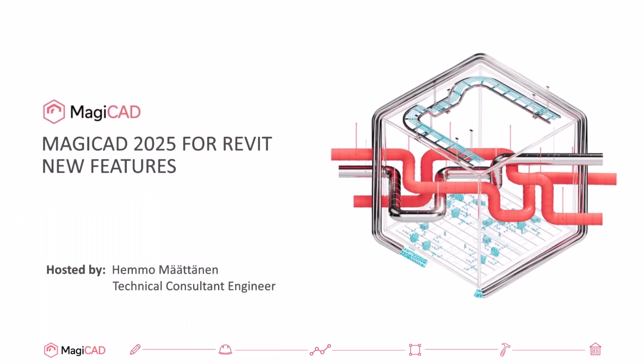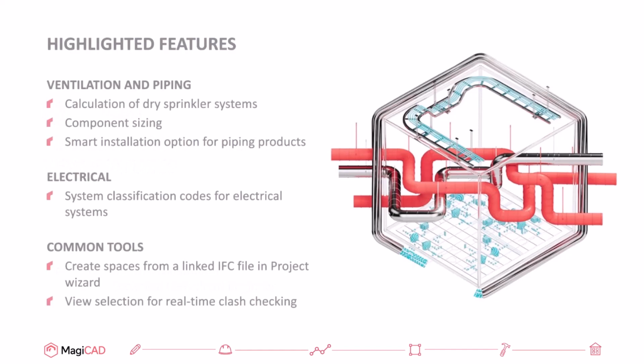My name is Hemmo Määttänen and I'm going to highlight a few features for you in the 2025 main release, covering mechanical and electrical features and a couple from the common tools. On the mechanical side, we have today the long anticipated dry systems sprinkler calculation and a couple of modeling related new features and improvements.